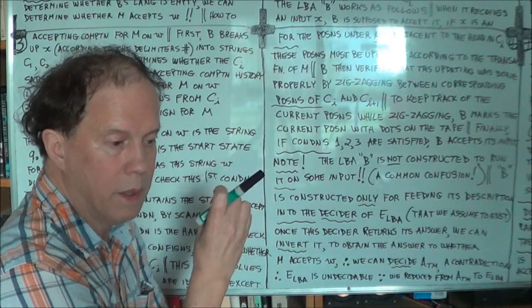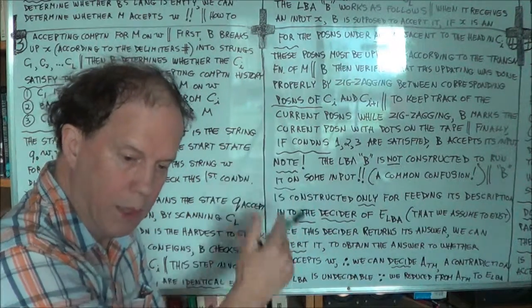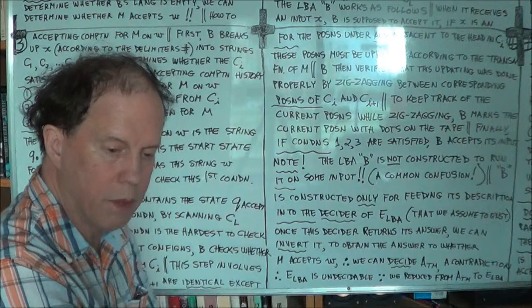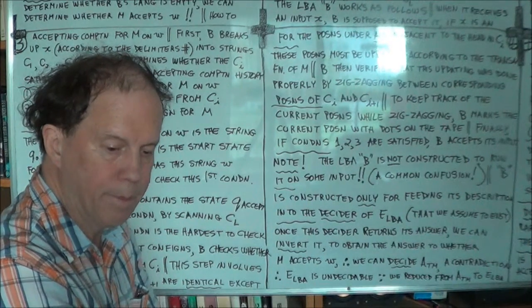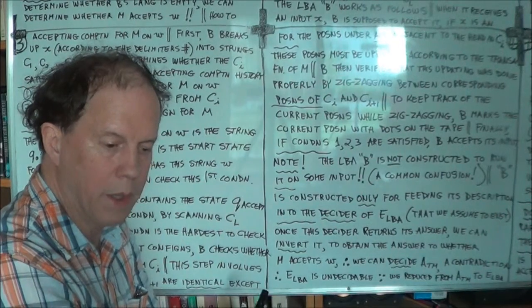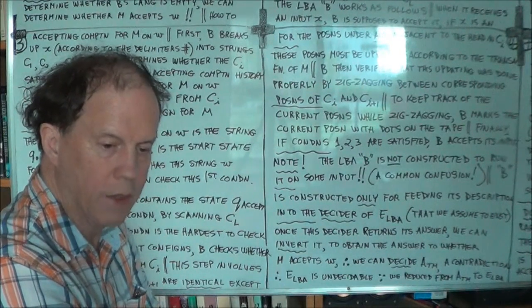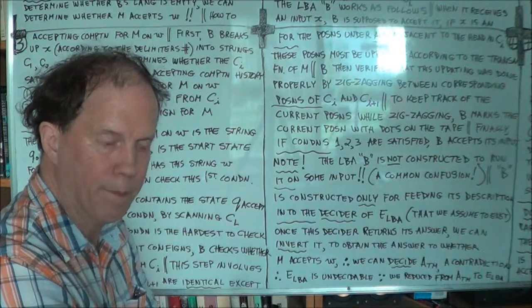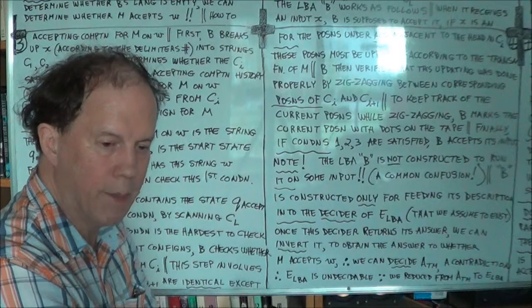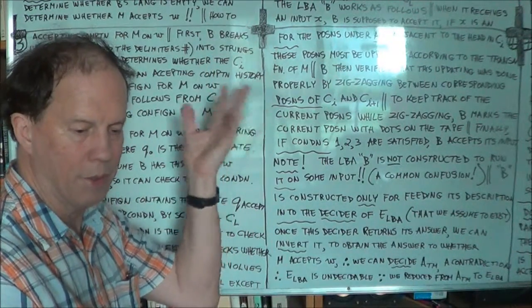And this decider, this Turing machine, will reply. It will either accept or reject that encoded description of B. Now if it accepts, we have to go back to the logical skeleton.